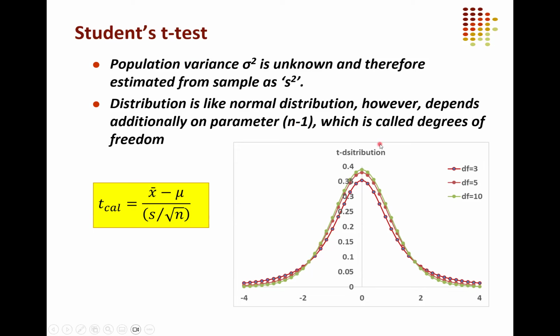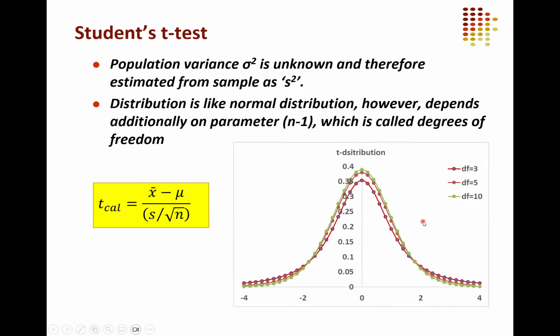So here are the representative pictures, the graphs of t distribution. It is symmetric like the normal distribution, however, with heavier tails. So like you can notice, the degrees of freedom are 3. Therefore, we have a bit lower peak, however, heavy tails.